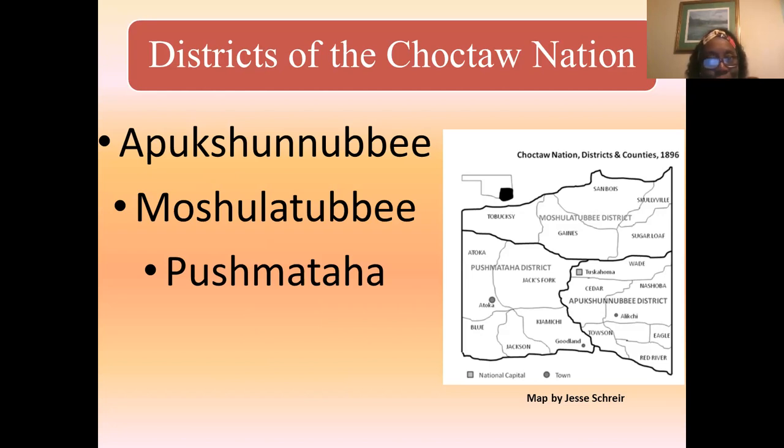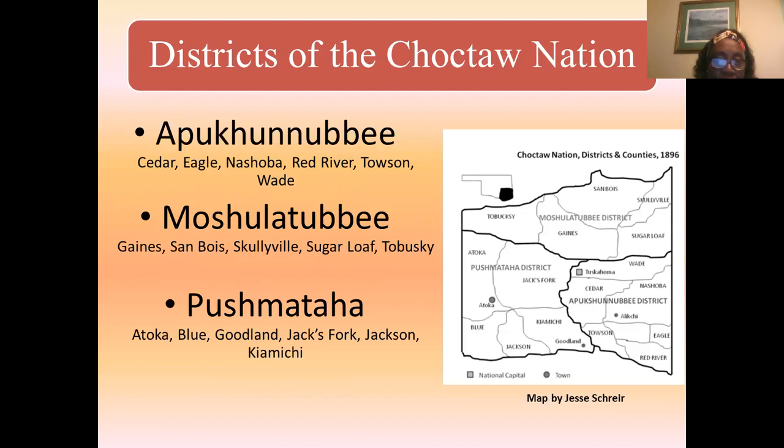You had Oak Lodge, you had Brayton, you had Brazil, you had Fort Coffee. You have a lot of other communities that were there. Sorry, you had in Mushlatabi, you had Scullyville, you had Sugarloaf, Tabuski, Samboys, Gaines, and it's important to actually know what some of these communities consisted of.